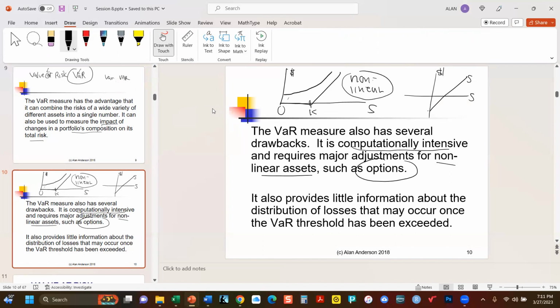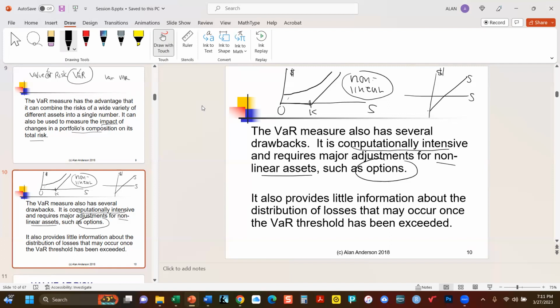The value at risk methodology is based on, or easily suited for, linear assets. It's much more involved for the nonlinear ones. We have to make a lot of interesting adjustments to take that into account. So this can make it much more complicated than it looks.